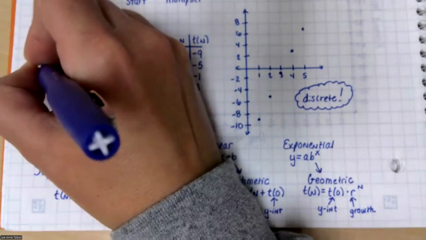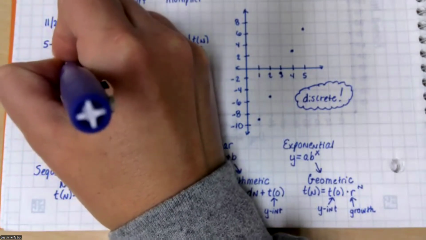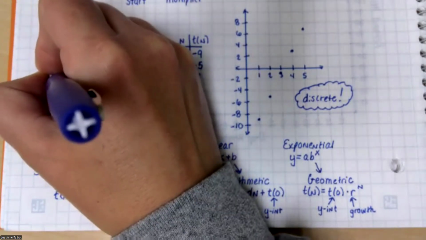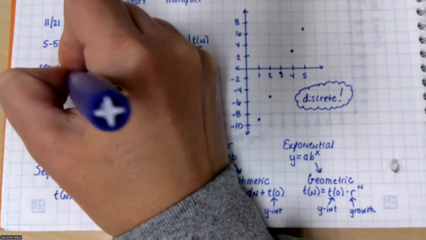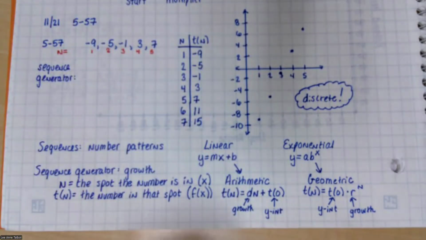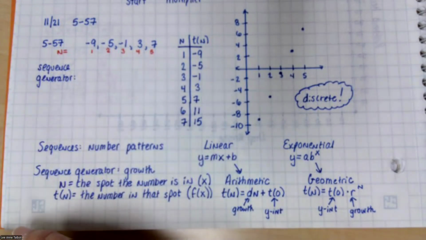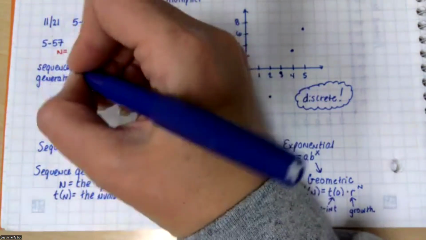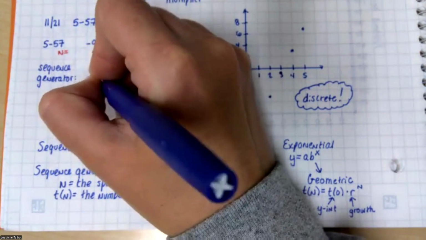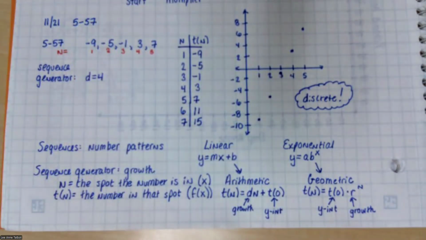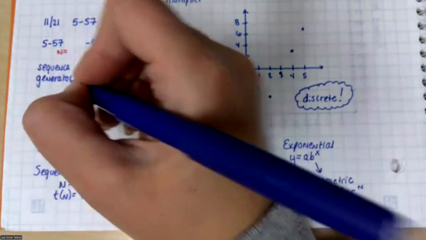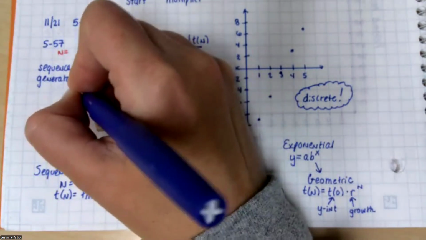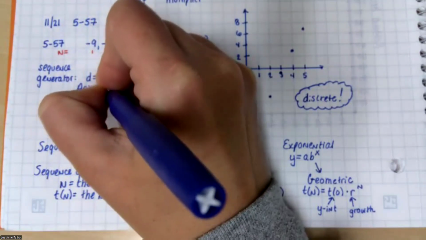Okay, next thing we're going to find is the sequence generator. And we already found that. It's 4. Okay, and this one is arithmetic.